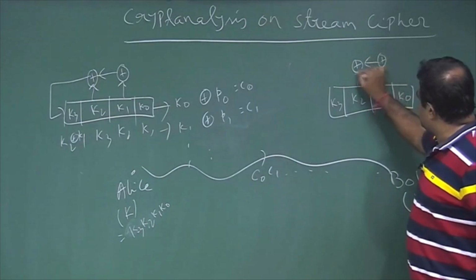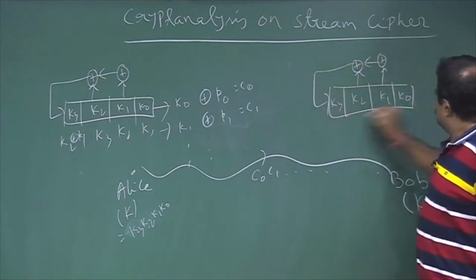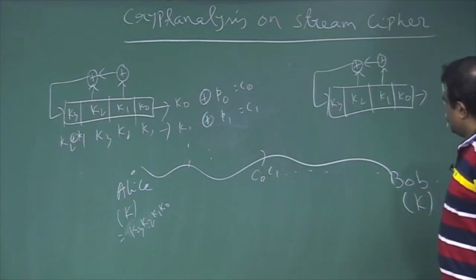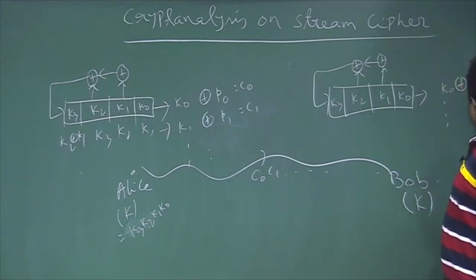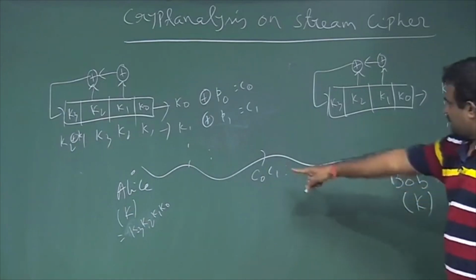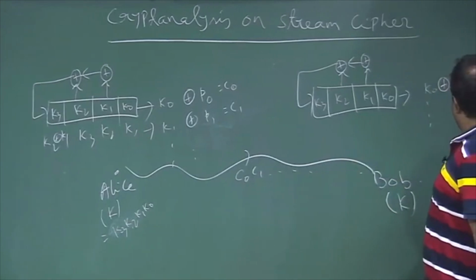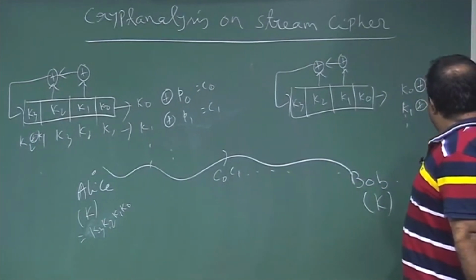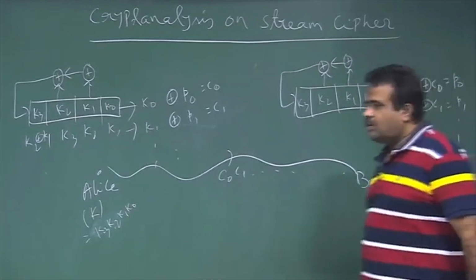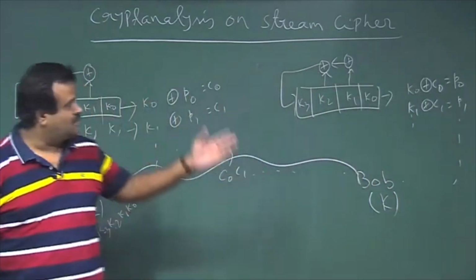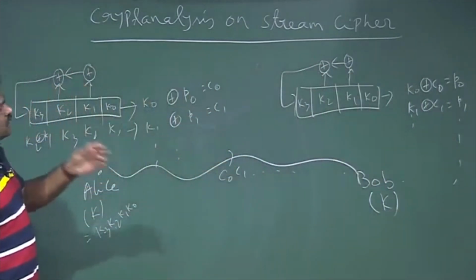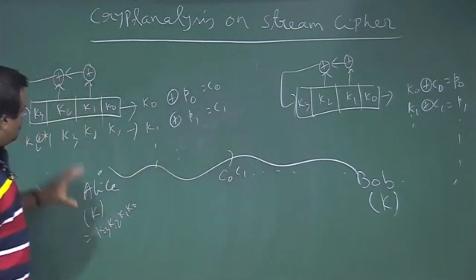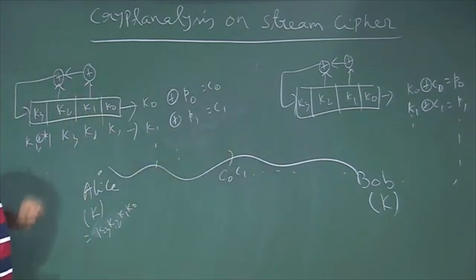So Bob will generate the same key stream bits K0, K1 like this, and Bob will XOR this with the ciphertext. Bob receives C0, C1, and gets back P0; K1 XOR with C1 gives P1. So Bob is getting the plain text bits. This is the decryption done by Bob, and this is the encryption done by Alice.